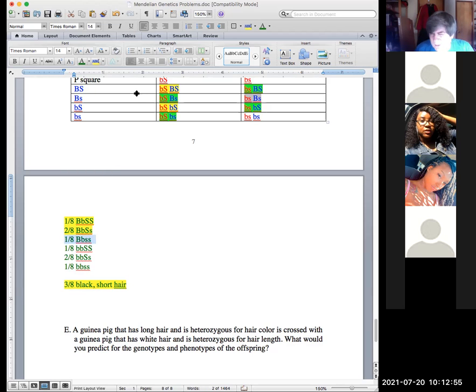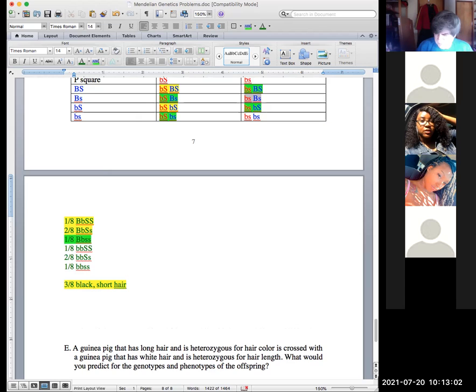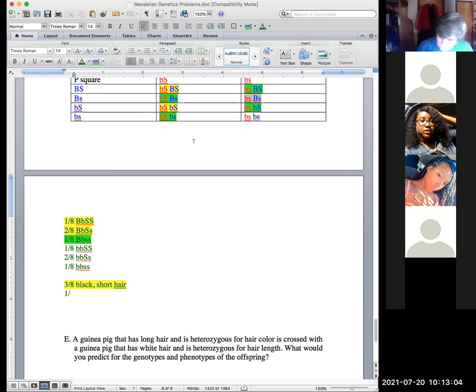Now there's 1/8 that have a big B, so they have black hair, but they have 2 little s's, so they have long hair.